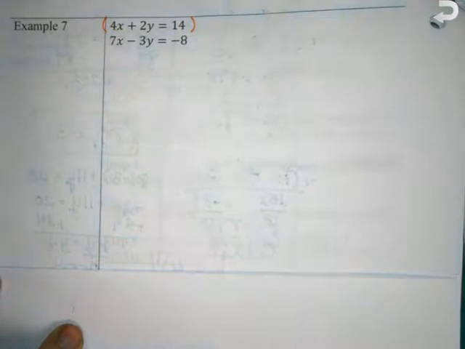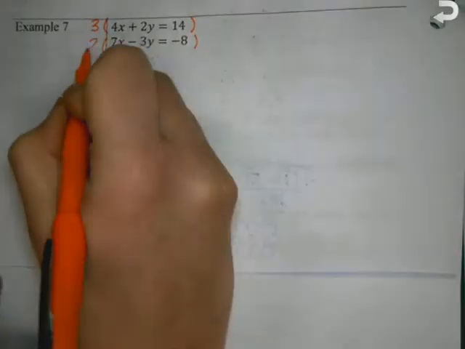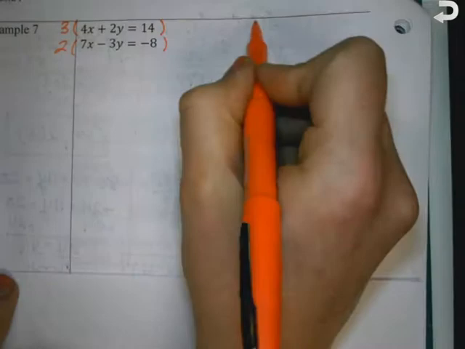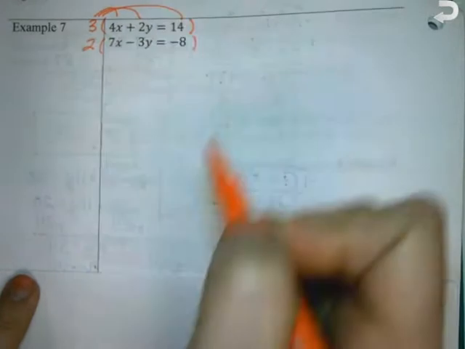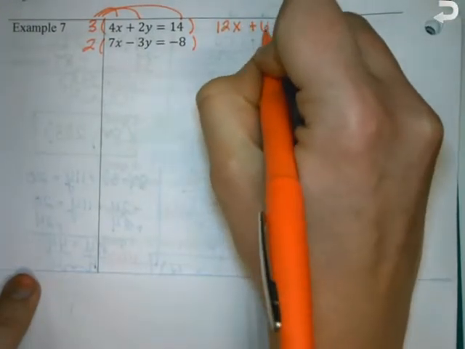So when I distribute, that's going to give me 12x plus 6y equals 42. Sorry.